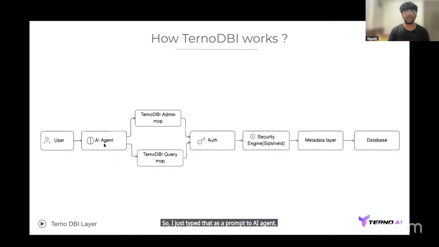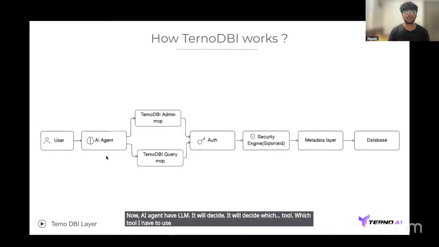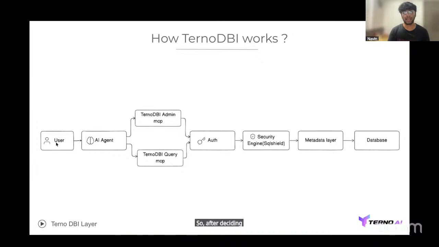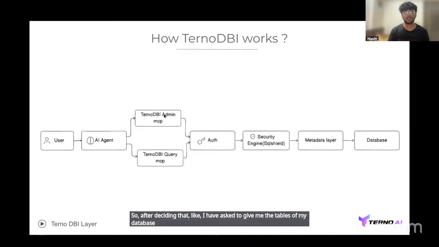Now the AI agent has an LLM. It will decide which tool to use to answer the user's query. I have asked for the tables of my database, so it will look at the tools available to list the tables of the data source.